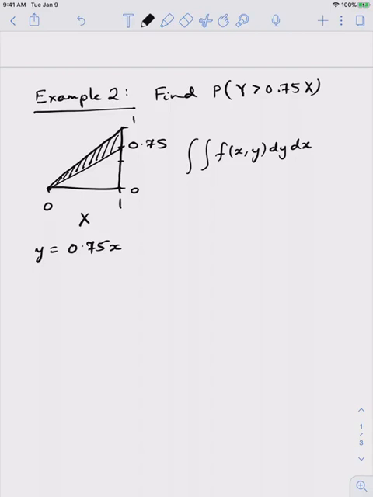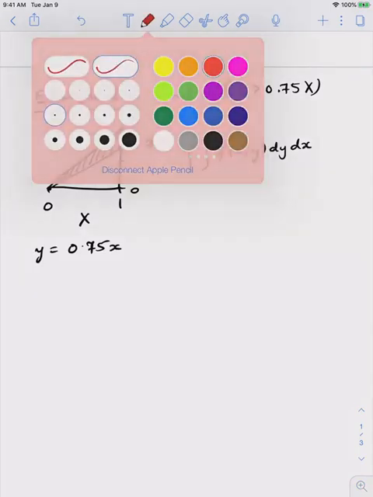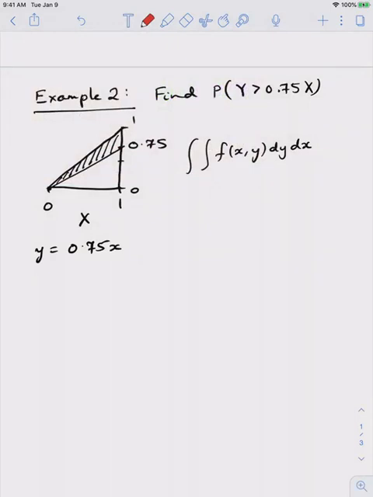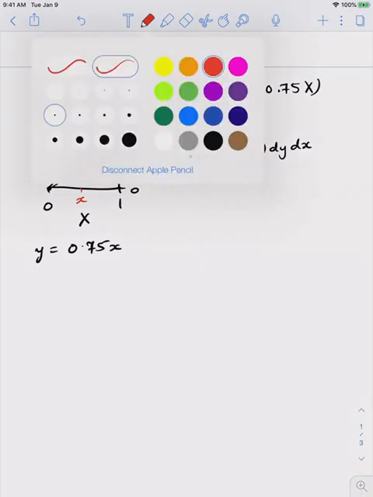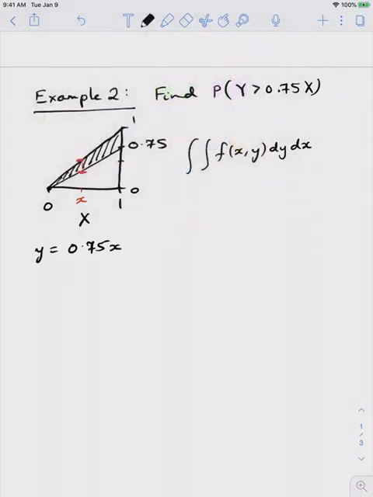If I fix x, say here, then y goes from here to here. Basically, it's the value of y at the lower line to the value of y at the upper line, which at the lower line, y is 0.75x, and at the upper line, y is x.